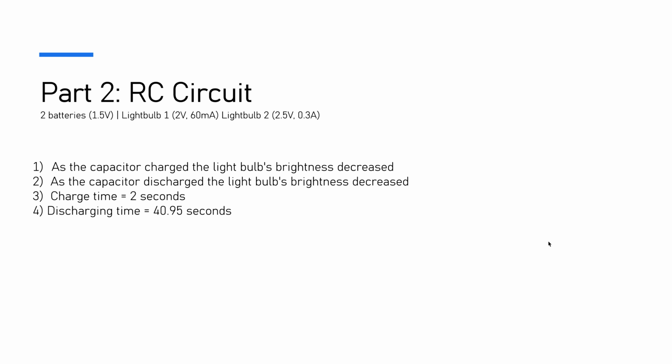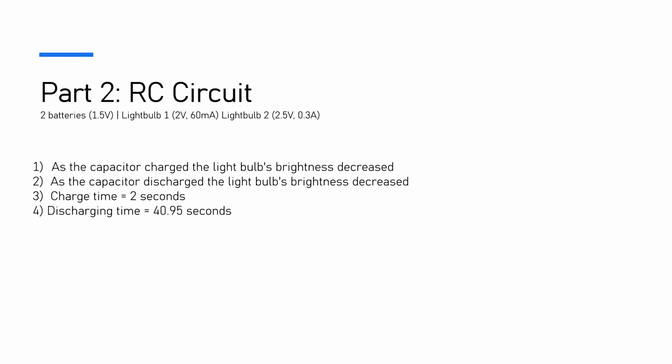For part 2 of the circuit, we had two batteries, each of them 1.5 volts, and two light bulbs. Light bulb 1 was 2 volts and 60 milliamps, and light bulb 2 was 2.5 volts and 0.3 amps. For 1, we measured what happened when the capacitor was charging, and we found as the capacitor charged, the light bulb's brightness decreased.